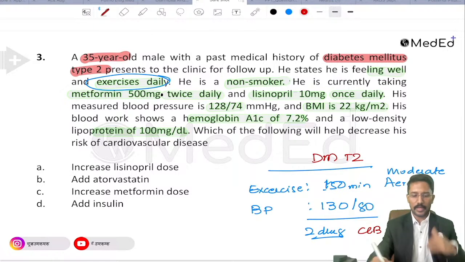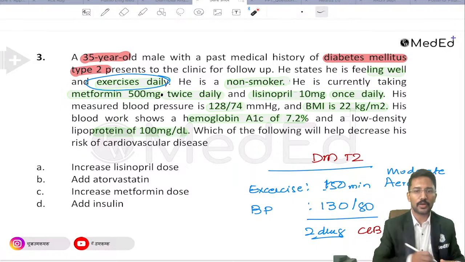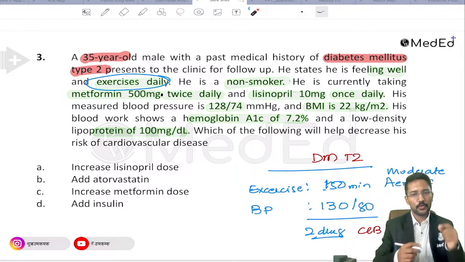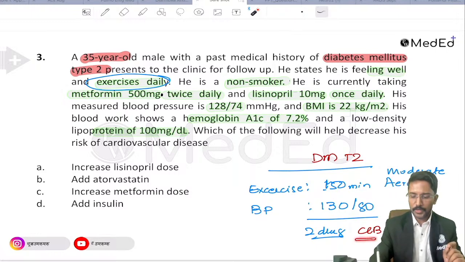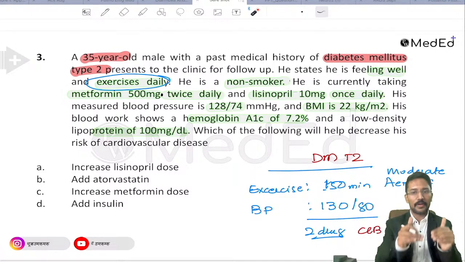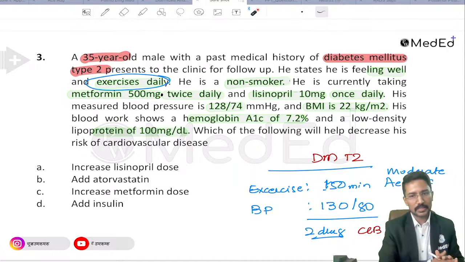These are recommended because I want the benefits of ACE inhibitors or ARBs, but when I depend on a single drug to control BP, there is a chance that I will be achieving that control of the BP with some side effects of the drug. So when we combine 2 drugs, we are trying to act through 2 different mechanisms. So we will be able to use 2 drugs at lower doses. The side effect risk is reduced.